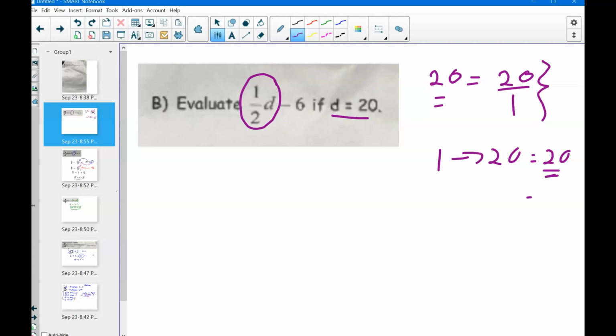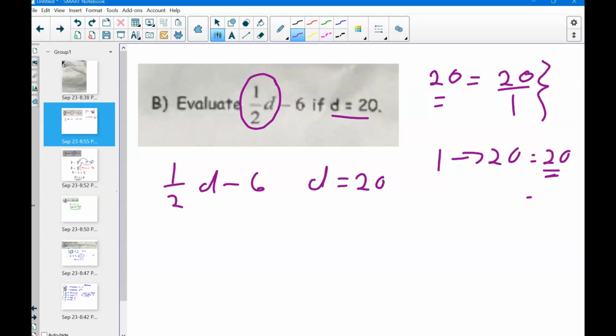Let's take the result now and apply it to this problem. See what happens. So now we have 1/2 D minus 6. And that says D is equal to 20.